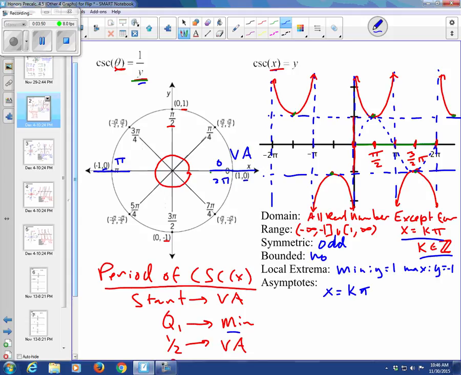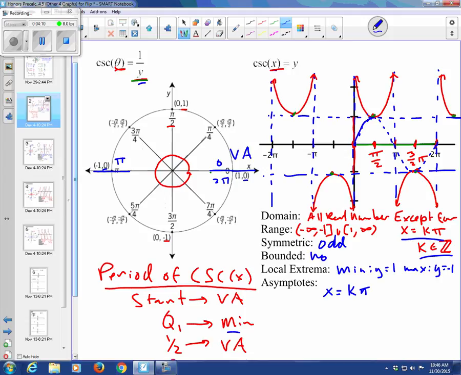And when we say reflection, we're talking about a reciprocal or inverted image. Where the zeros of the sine function are vertical asymptotes, the maxes of the sine function are the mins for the cosecant, and the mins for the sine function are the maxes for the cosecant.